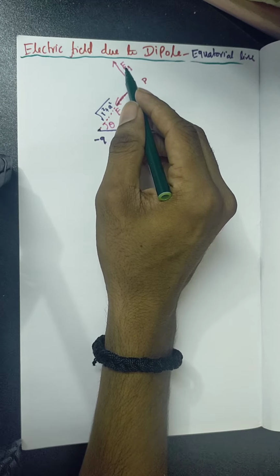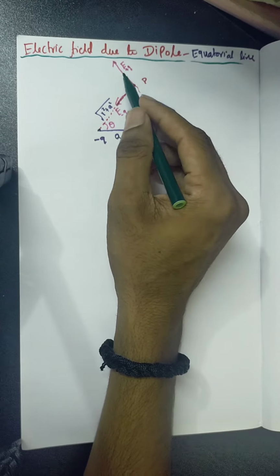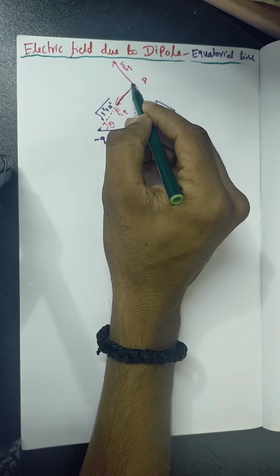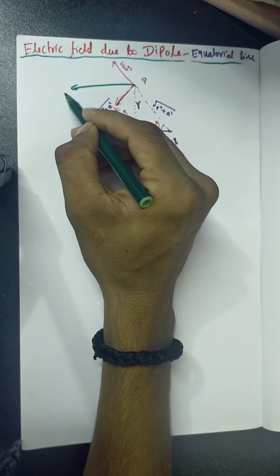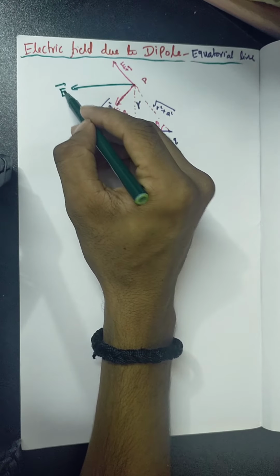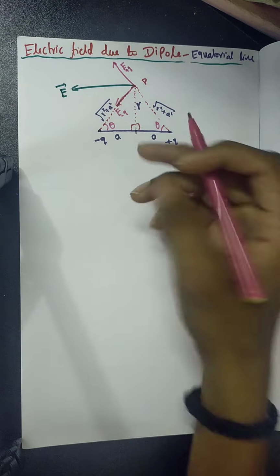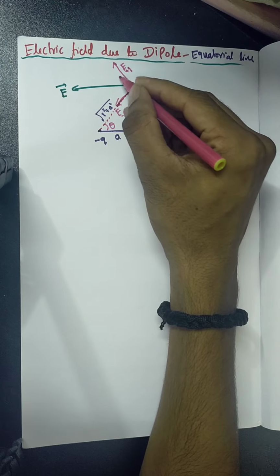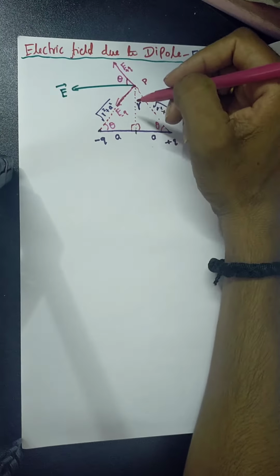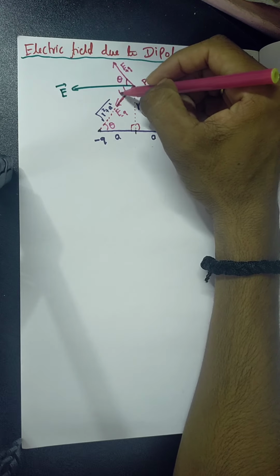This is due to the positive charge, this is due to the negative charge. The net electric field should be along this direction. This is the net electric field. That is what I want to find out. This is theta, and this is also theta.